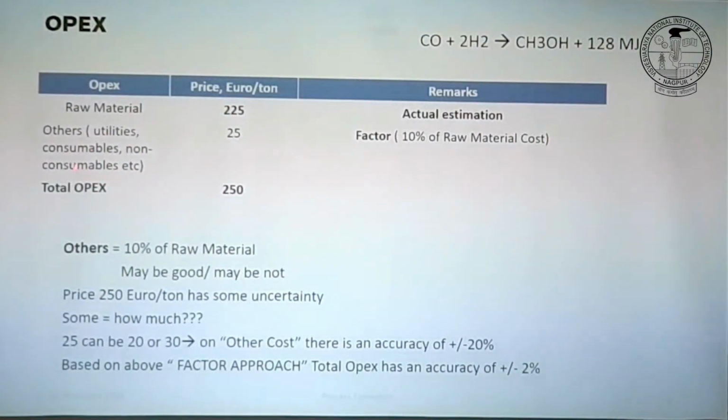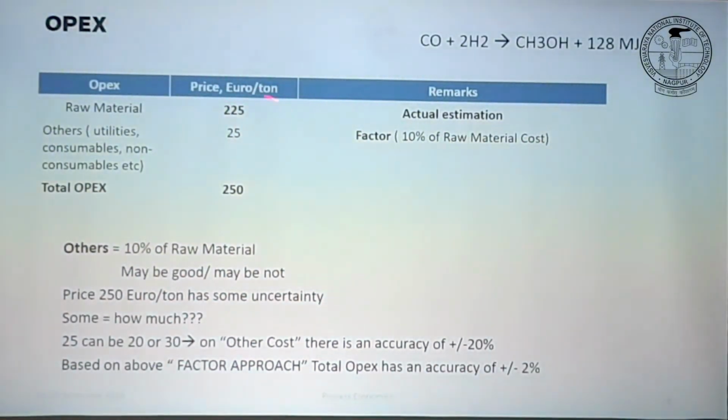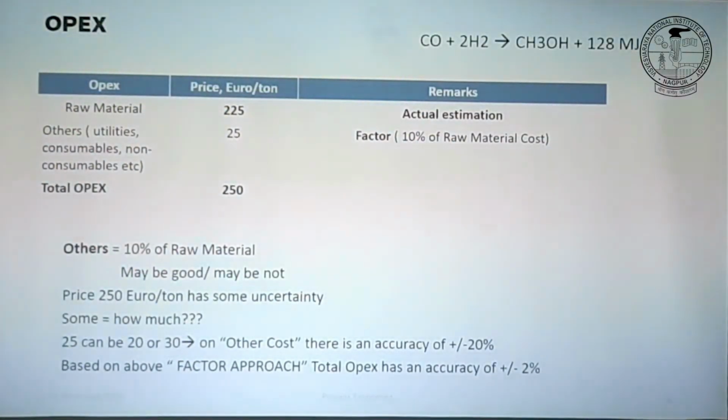So cooling water, electricity, all other cost is 10% of my variable feedstock cost, right? So if I say this, then my total OPEX becomes 250, right? Now this assumption, this 10%, may be good, maybe bad, and this 10% will not fit all kinds of processes.